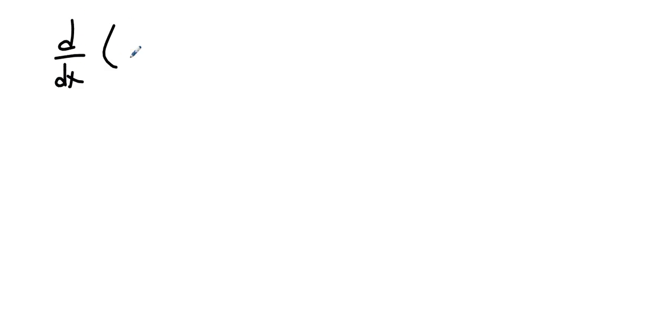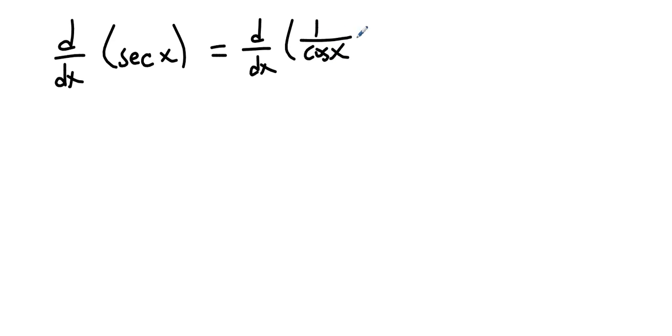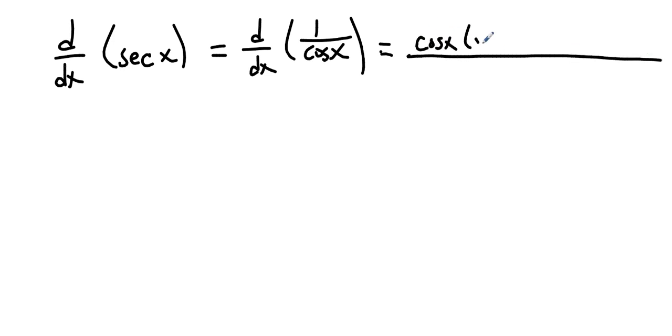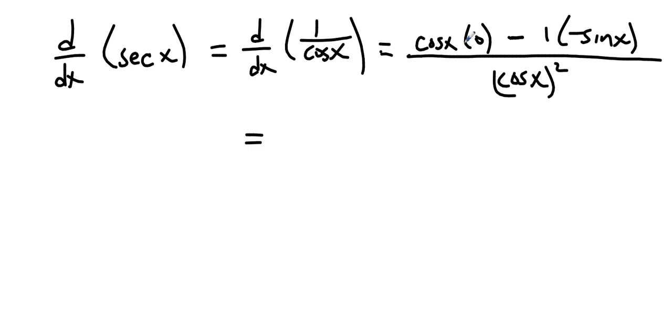Also, the secant function has a derivative. It's smooth throughout its domain. You can draw a tangent line at any place in its domain. We're looking to take the derivative of 1 over cosine x, and we do that in the way you would envision. We use the quotient rule. Denominator times derivative of the numerator minus numerator times derivative of the denominator over denominator squared. That's a little bit harder to see. The numerator is sine x. It's actually 1 times sine x, because that negative 1 and that negative 1 multiply to a positive 1.